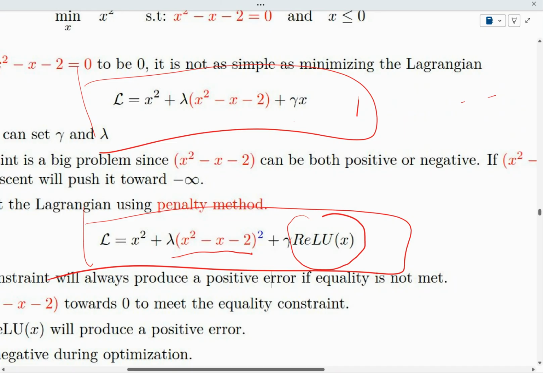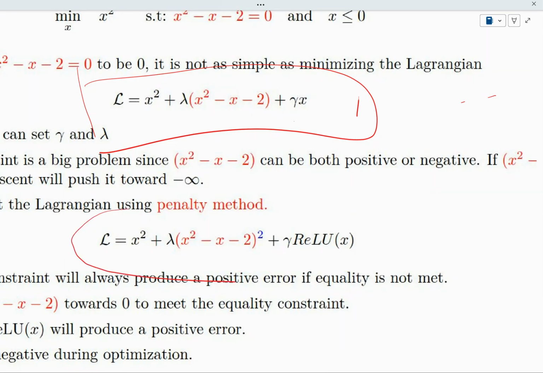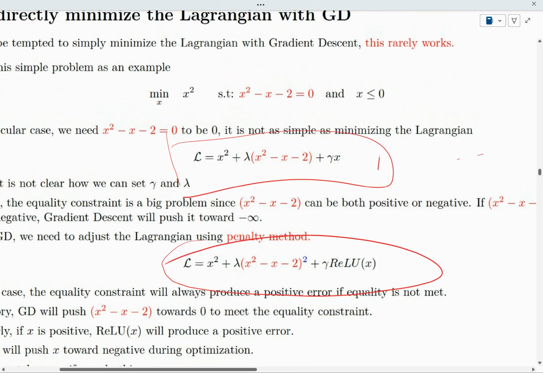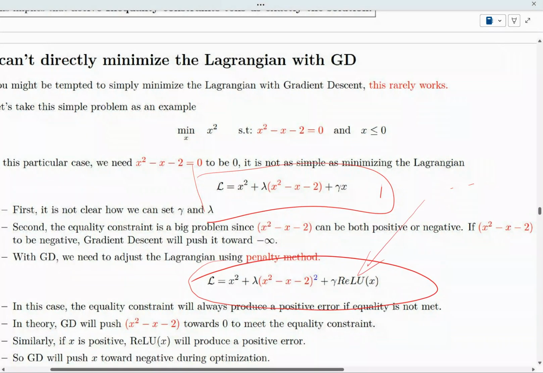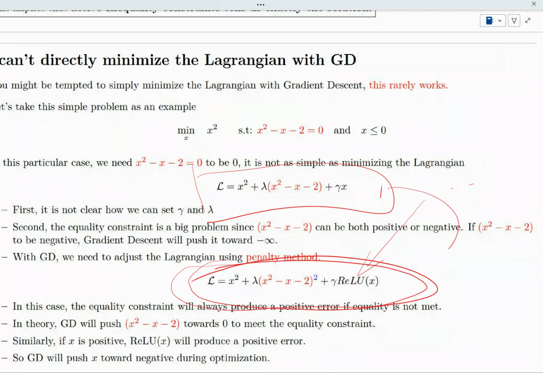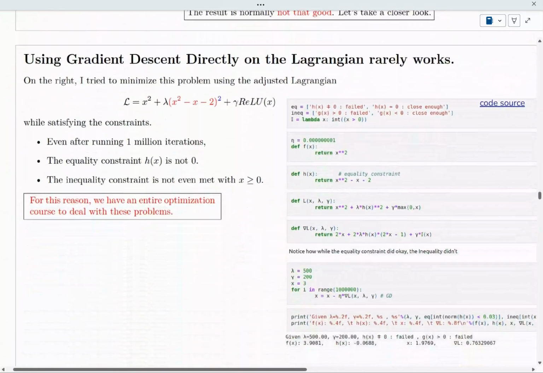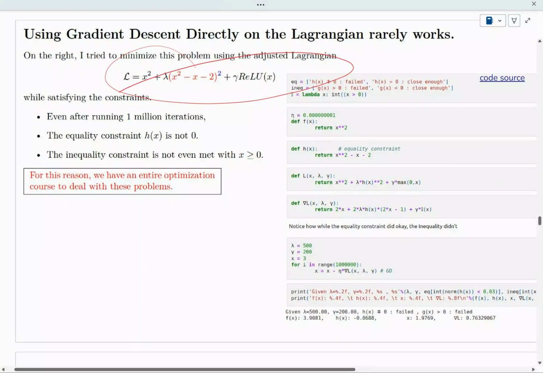Anyways, you can massage it this way, but I don't recommend it because this is very difficult to solve with gradient descent. Even if you make this adjustment and run it with gradient descent, you're probably not going to get the solution you're looking for. I've tried this many times. Here's an example where I actually tried to minimize this running gradient descent.